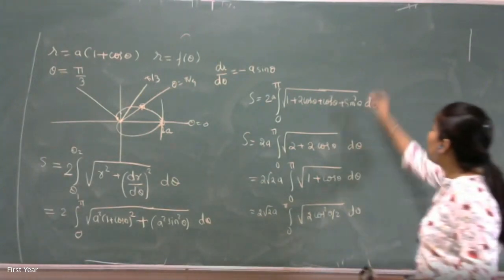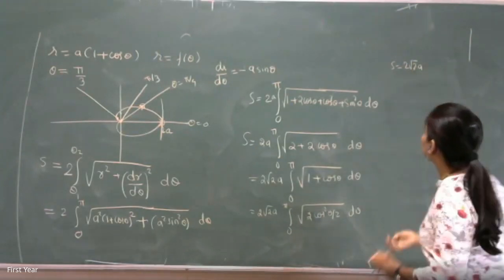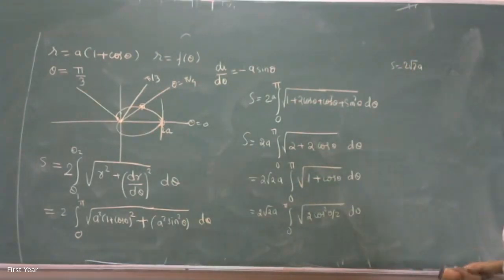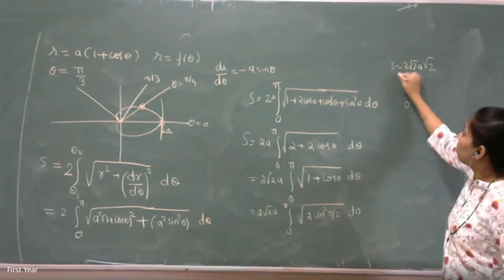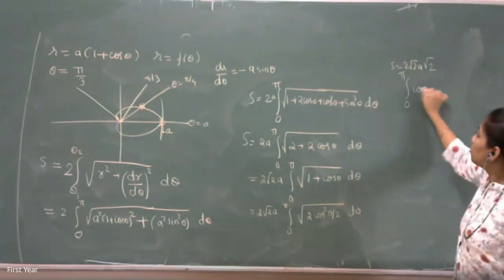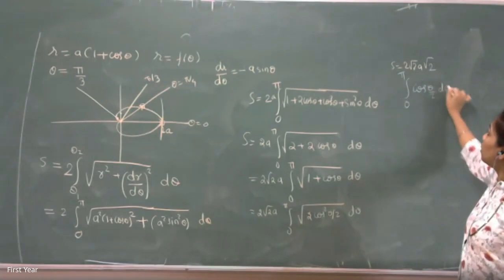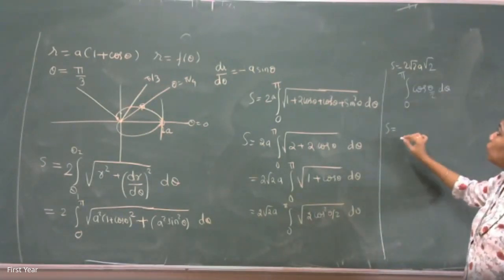And therefore, your s will become now 2 root 2a. Common number. Yes, again root 2 will come common. And you get the integration 0 to pi square root of cos square will be cos of theta by 2 d theta. Therefore, s is equal to 2 root 2 into root 2 is 2, 2 into 2 is 4.